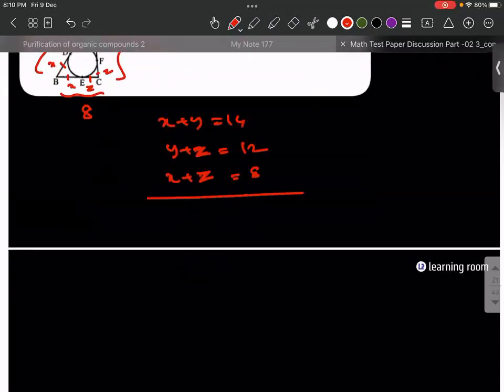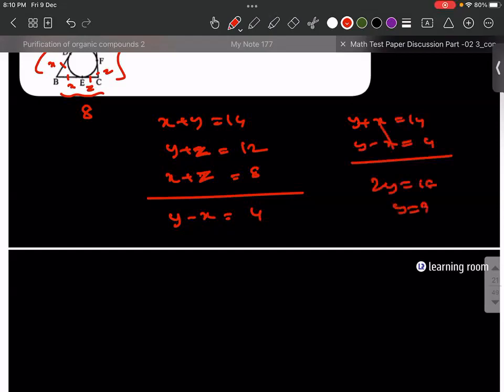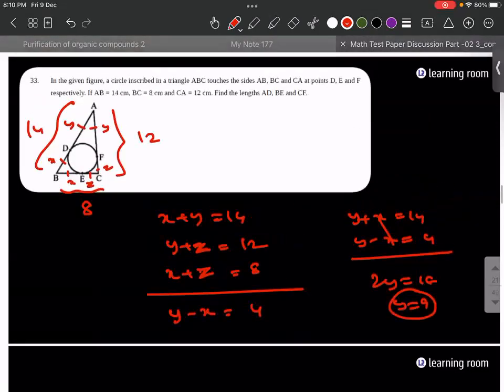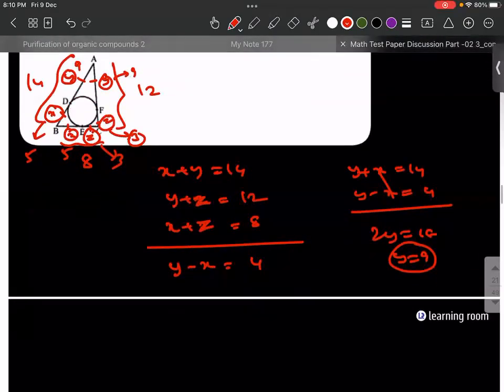When you subtract, you get Y minus X is equal to 4. So Y plus X is 14, Y minus X is 4, add both, 2Y is equal to 18, Y is equal to 9. So this will be 9, this will be 9. How much will this be? This will be 5, this will be 5, this will be 3, and this will be 3. I hope everybody understood.